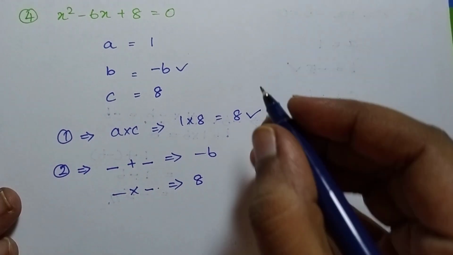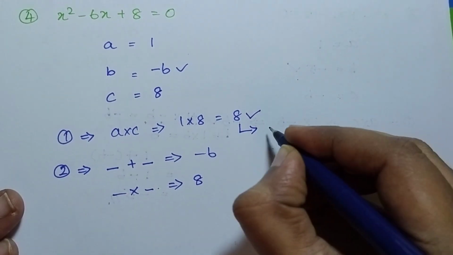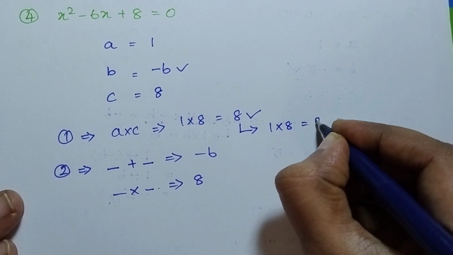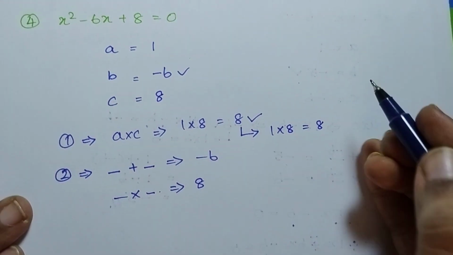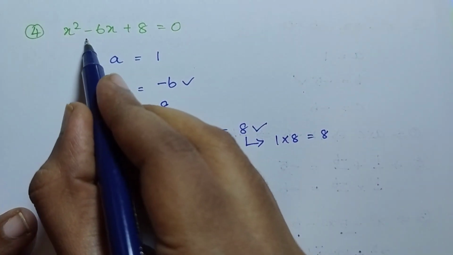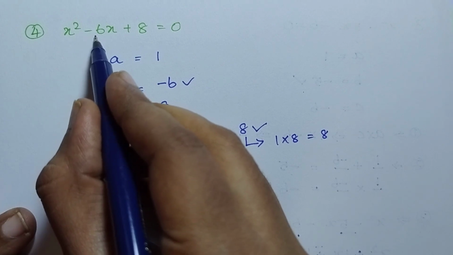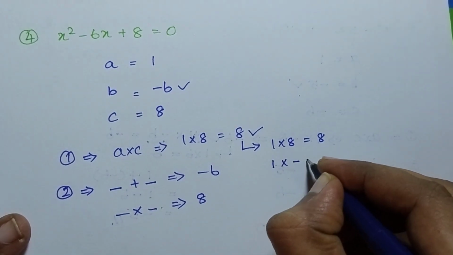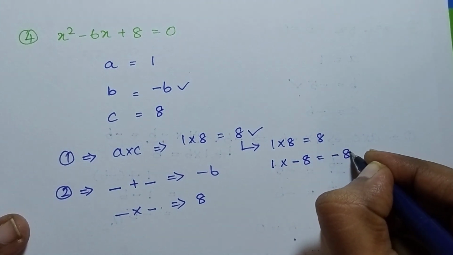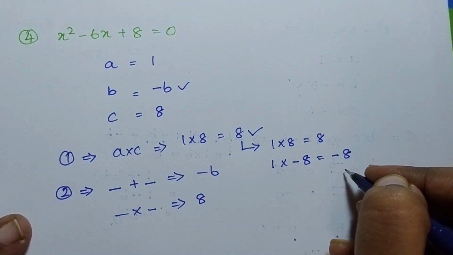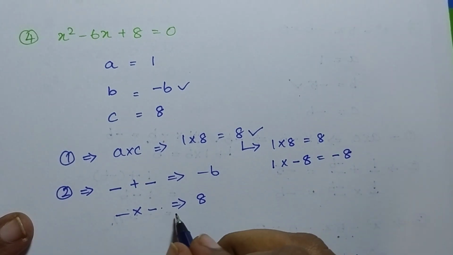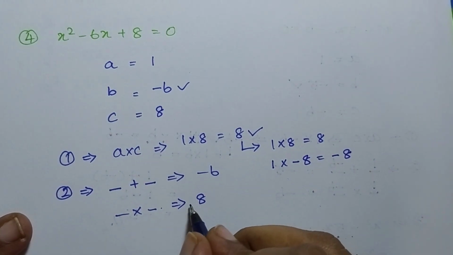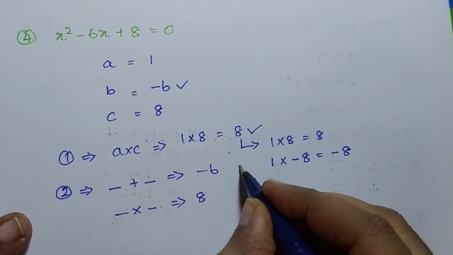Okay. Let's check what are the possibilities to get 8. 1 into 8 is equal to 8. So see here. If I add, the greater term will get the minus symbol. So 1 into minus 8, which is equal to minus 8. So we will not use that here because we want plus 8. So I will move to the second option.